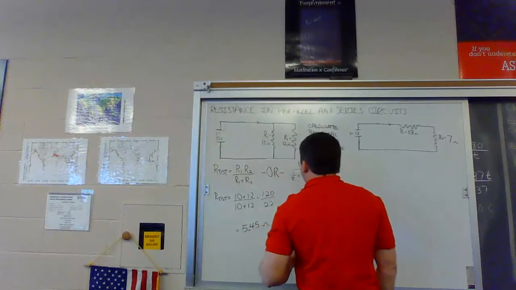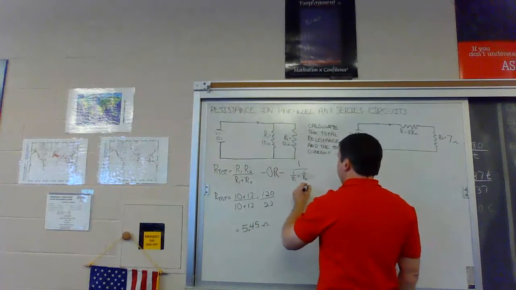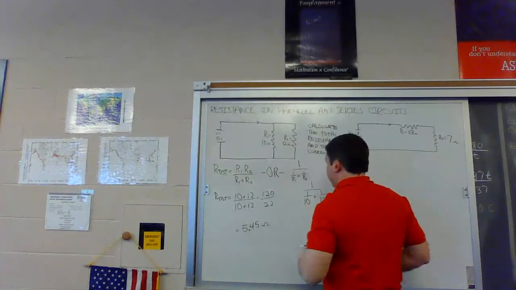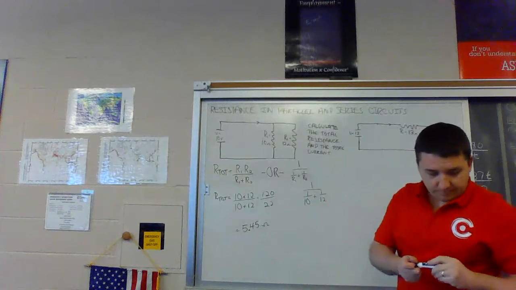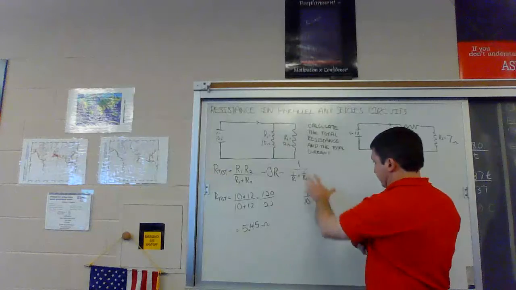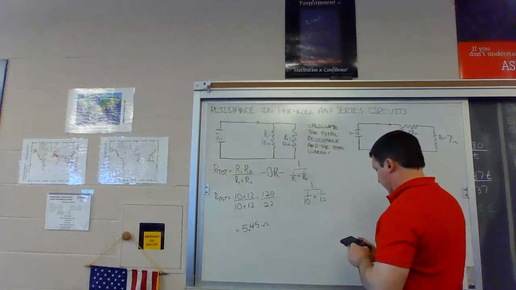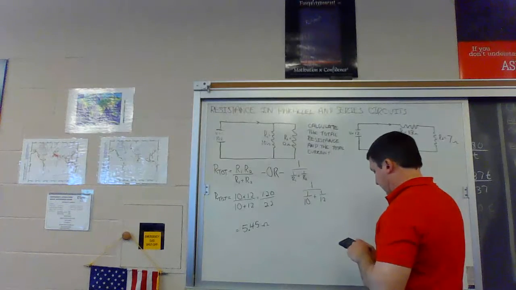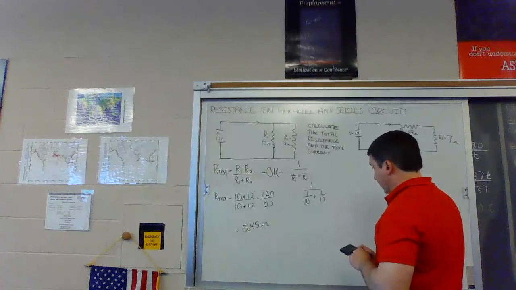Just to show you that it works this way too: 1 over 10 plus 1 over 12. It takes a little bit longer on the calculator, but if this is what you're used to, that's fine. So let's see, 1 divided by... oops, did that wrong.